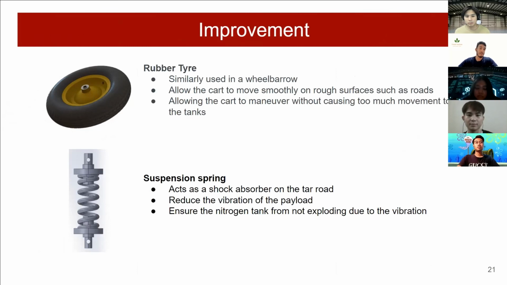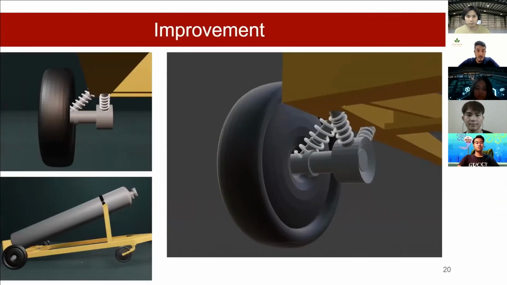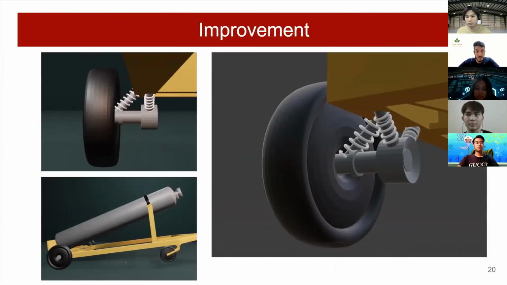So the combination of these two is what you see in this diagram. The tire is new, and the spring is attached in between the model and the tire, and it acts as a shock absorber that reduces the vibration of the whole cart.